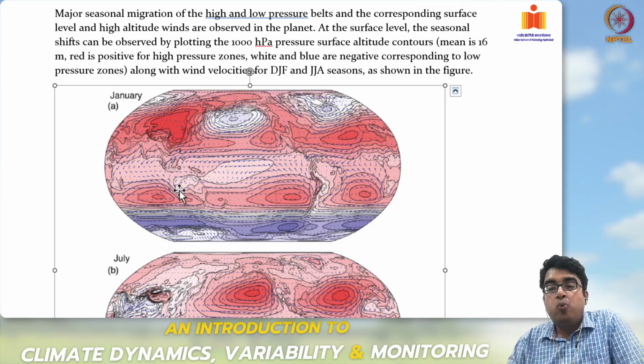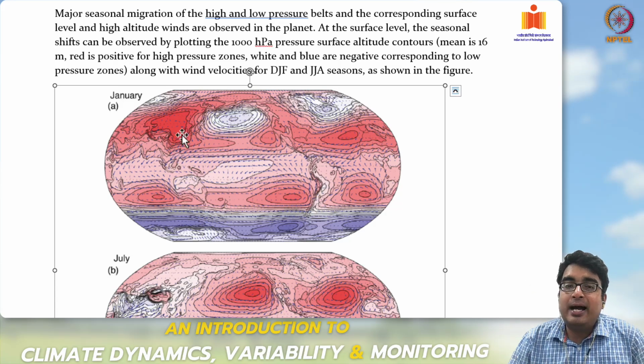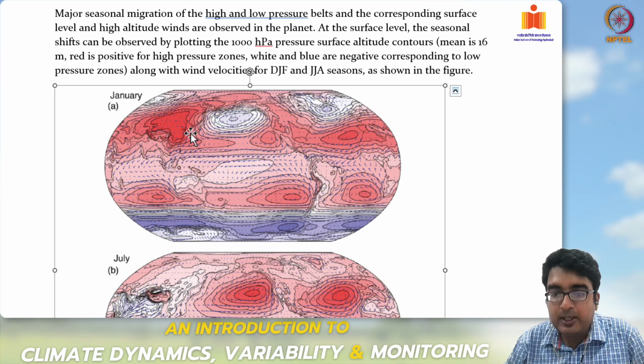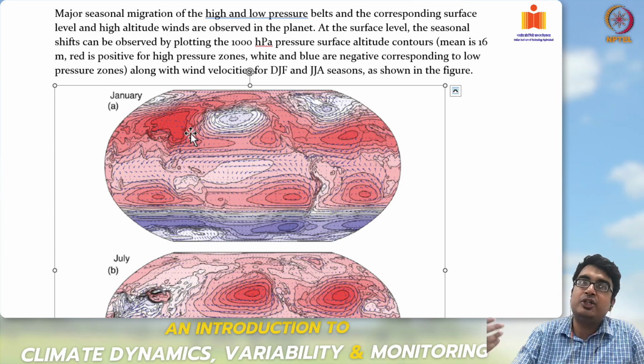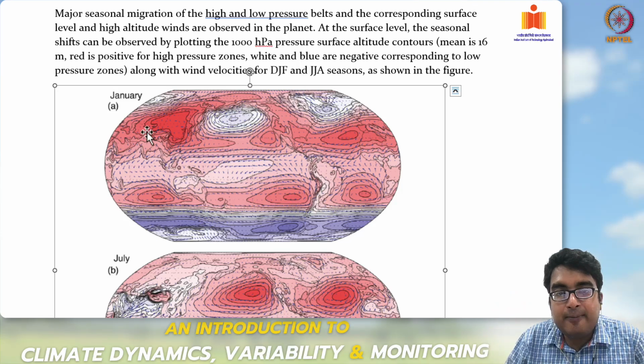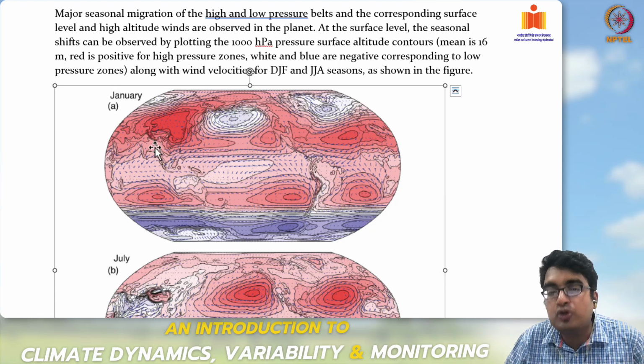As a result, the subtropical high pressure belt in the northern hemisphere also shifts down, because in the winter hemisphere the insolation is lower, so the high pressure zone becomes bigger and broader. There is a big and broad high pressure zone extending much closer to the equator in the winter hemisphere.